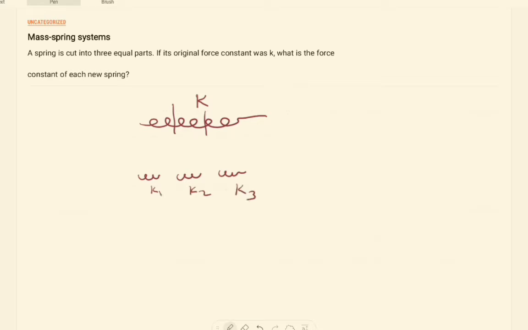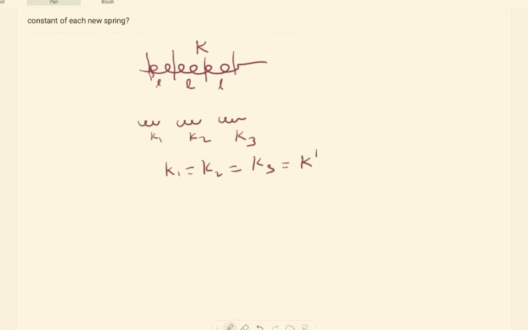Since they are cut into equal lengths, one can find simply that k1 equals k2 equals k3. Let's say this gives us a k prime, a spring constant which is equivalent for all of them. Now the question is simply to find the spring constant k1, k2, k3.